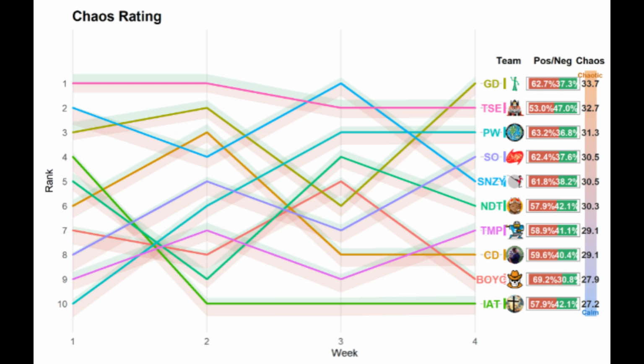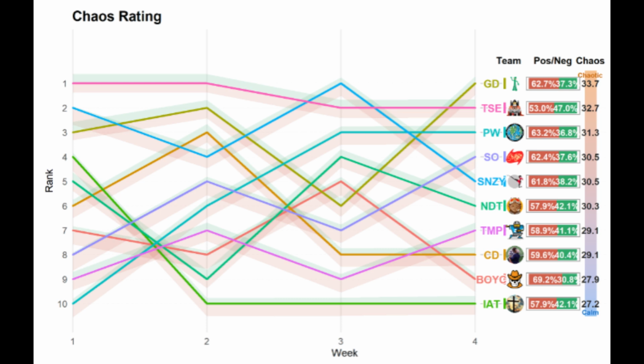His line is pink there. Above his line is the area of positive chaos, so the players that are scoring more than their projection. And below his line is the area of negative chaos, where the players are scoring less than their projection.